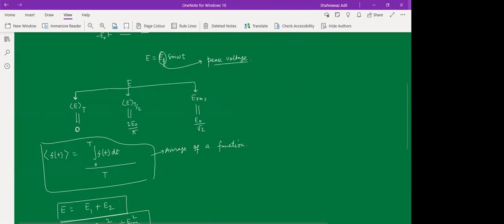So this had four important values. One was the peak voltage, the other was the average EMF, then the average EMF in half cycle, and then the RMS value.